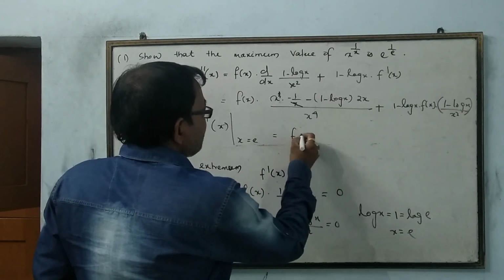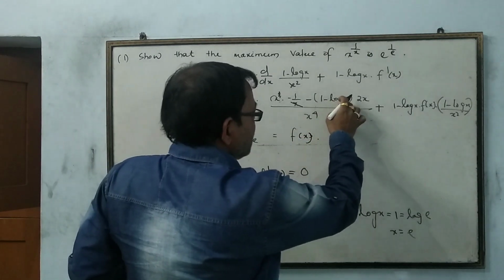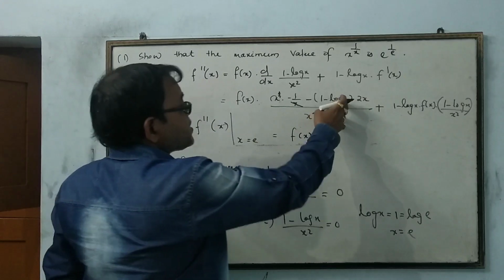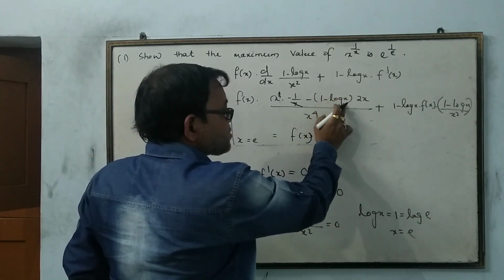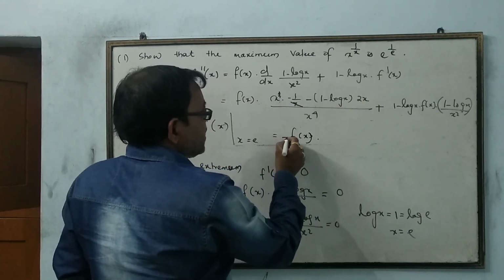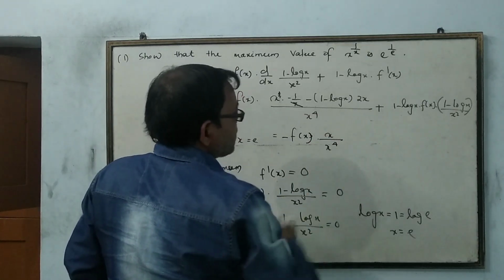So the answer is f of x into, here you can take e as 1, so 1 minus log e, 1 minus 1, which is 0, into 2x is 0. So this one is minus f of x into x by x to the power of 4.